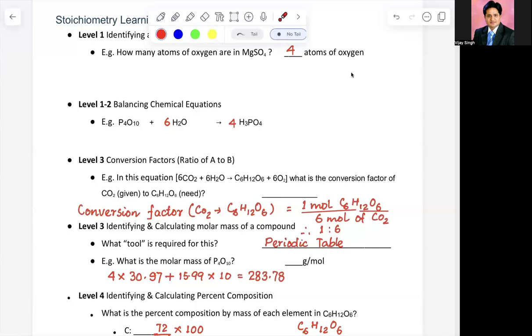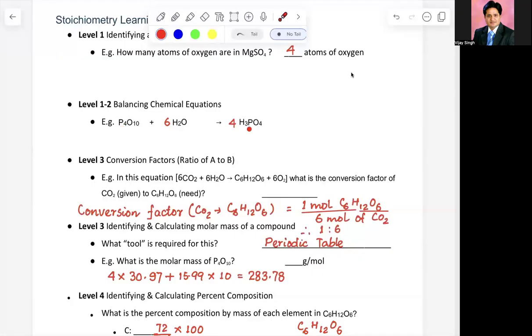Next, balancing chemical equations. You will definitely get some questions on balancing chemical equations. This was the equation: P4O10 and water gives rise to H3PO4. Now, if you look here, you had 2 hydrogen and here there was 3 hydrogen. And phosphorus was 1 here and phosphorus was 4 here.